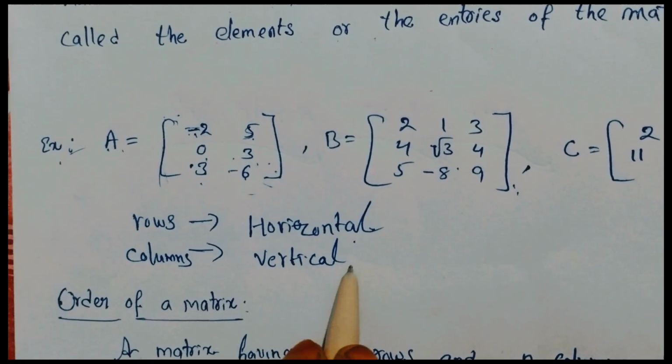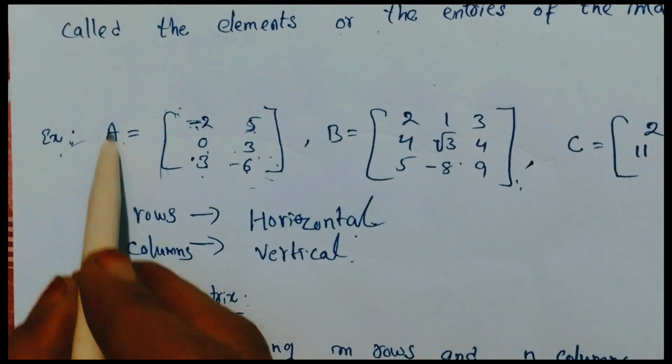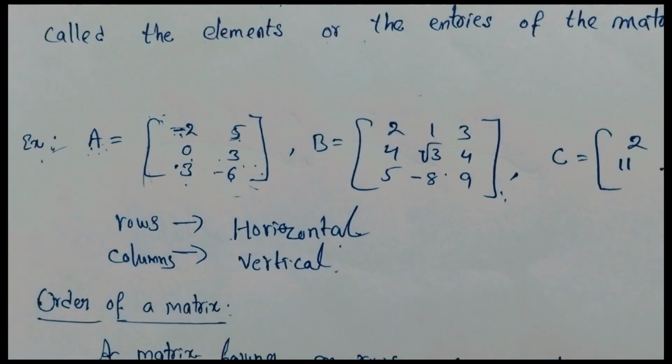These horizontal and vertical elements combined in a rectangular array form a matrix.